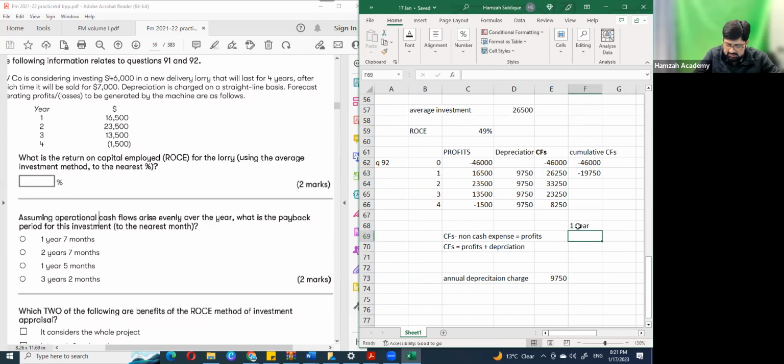And how many months? 19,750 divided by 33,250, into 12. This is related to the last lecture.